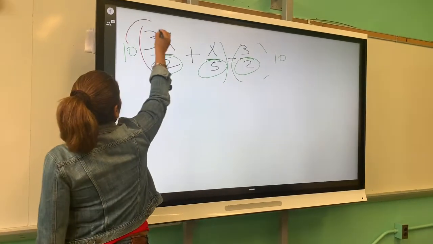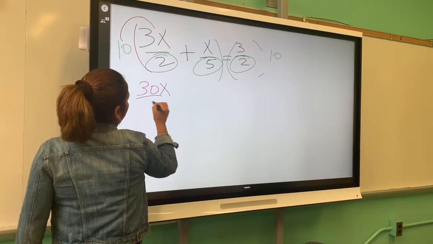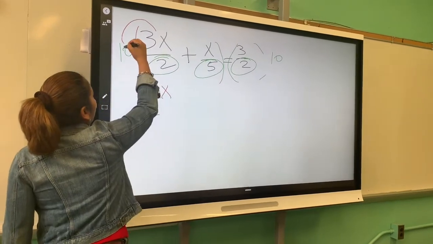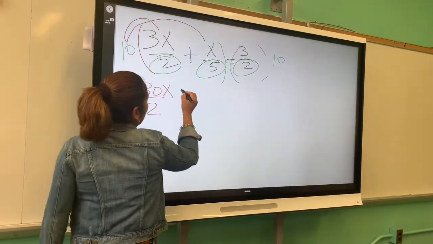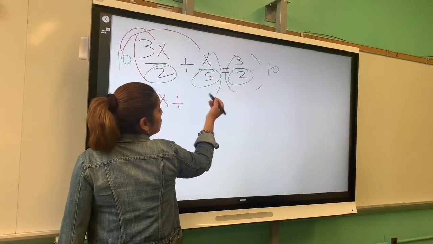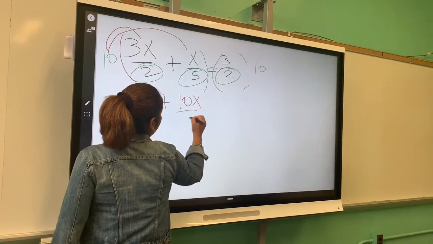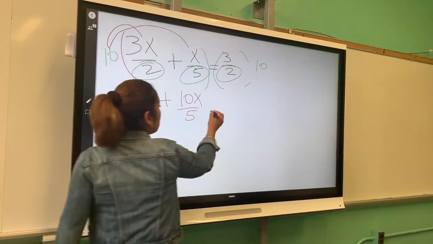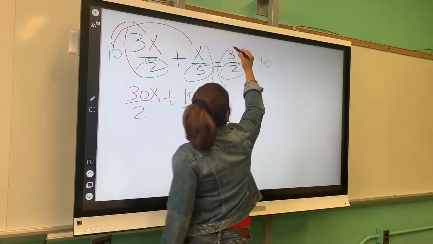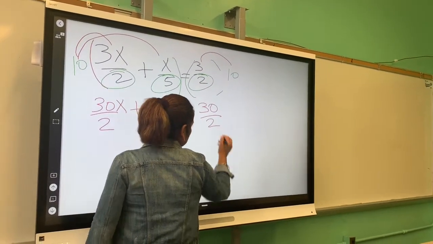So this times this is going to give me equals to 30x over 2. And here we have this times this, which is going to give me equals to, go ahead guys, 10x over 5. Is that right? Yes. And then we're going to have this times this, which is going to give me 30 over 2.